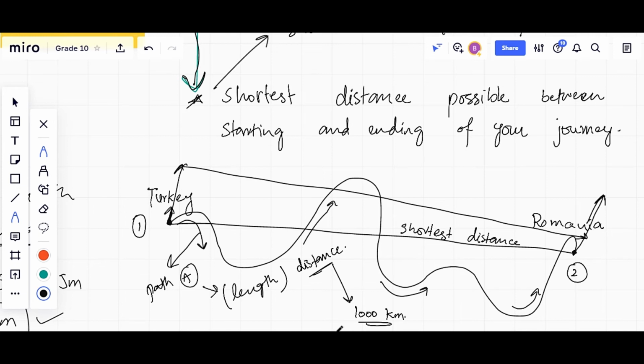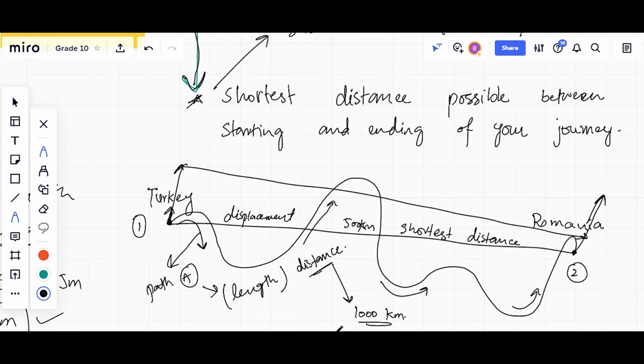This shortest distance is considered your displacement, which is obviously shorter than this 1000 kilometers. So your displacement might come to be 500 meters, sorry, 500 kilometers.